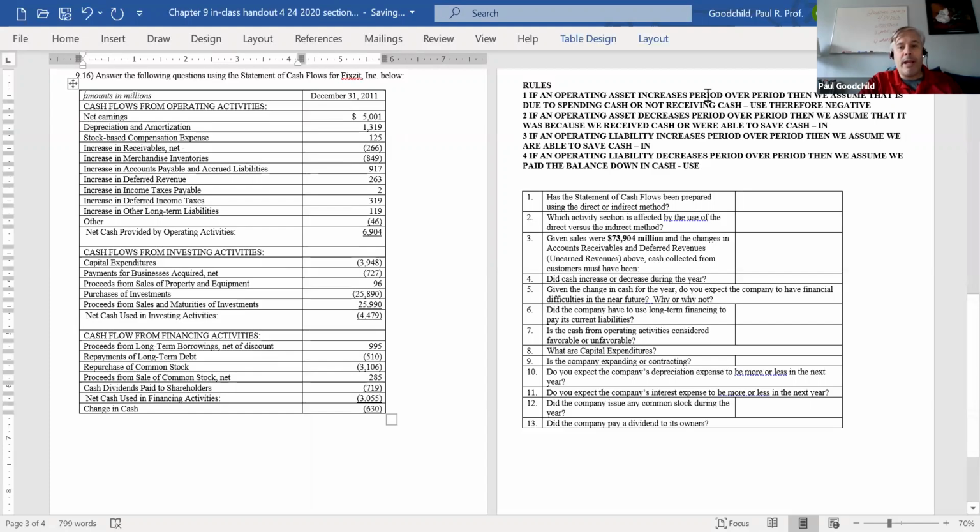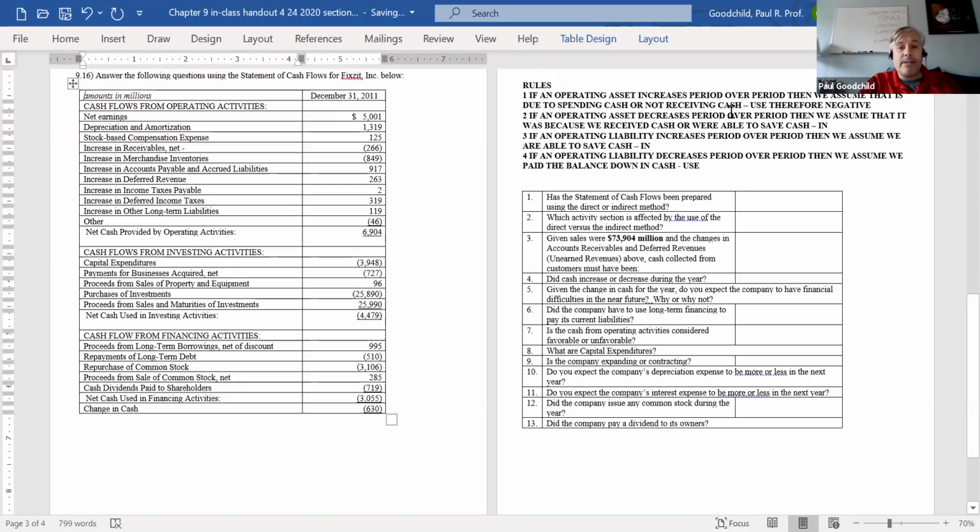If an operating asset increases period over period, then we assume it's due to spending cash or not receiving cash. So it's a use, therefore it reduces cash collections or cash outflow.